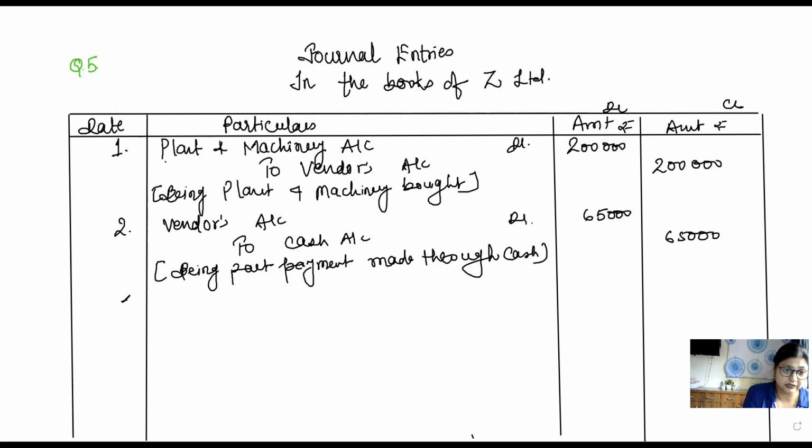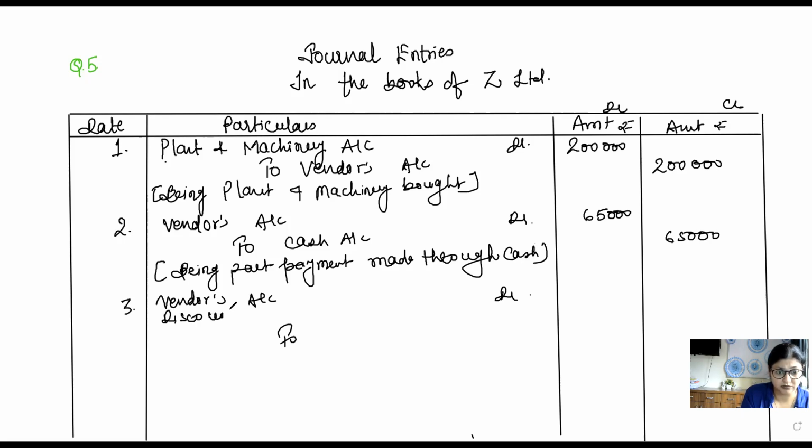And the third entry is for the remaining amount. Here again vendor will be debited. In this case, debentures were issued at 10% discount, so we will also have to write discount account as debit.